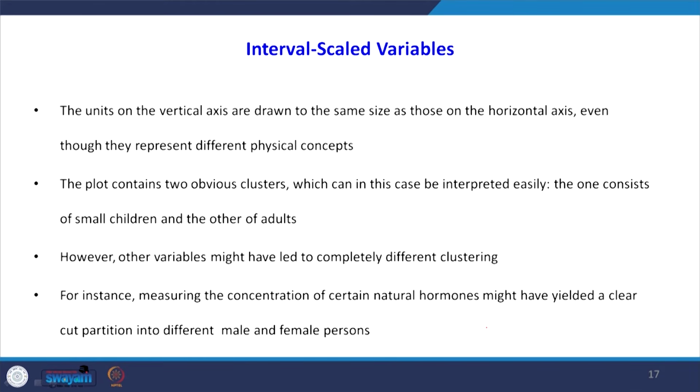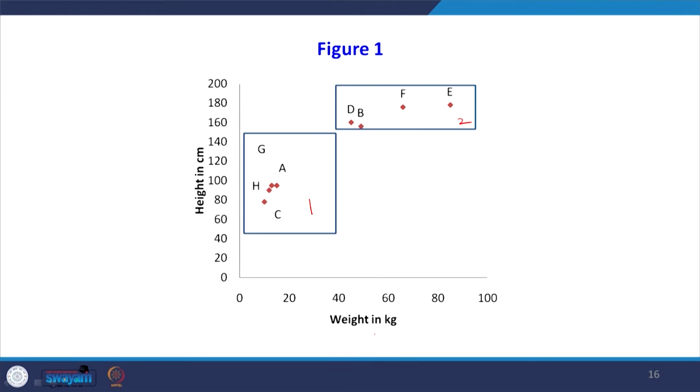For instance, measuring the concentration of certain natural hormones might have yielded a clear-cut partition into male and female persons. Here, since we have taken 2 variables, weight and height, if you take some other variables, that may bring some other type of clustering.